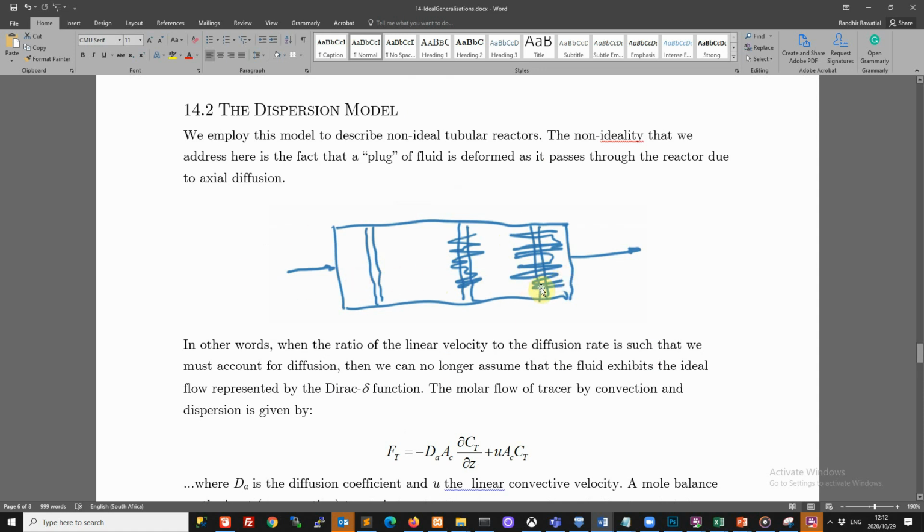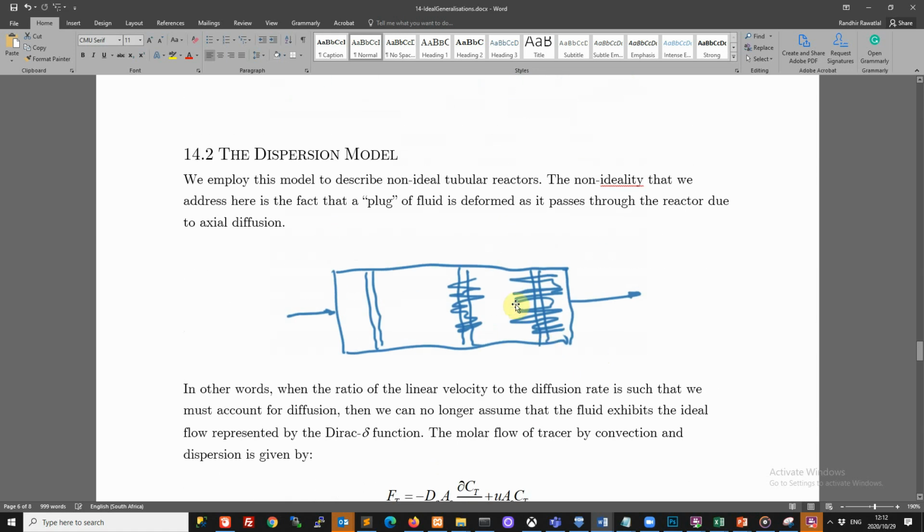So in a similar way to the CSTR being generalized so that we can accommodate even plug flow, we can start from plug flow behavior and, through a single parameter like the Peclet number, or like n in the case of the CSTR, transition from being plug flow-like to being CSTR-like. Right, so this is the first clue that we can model the non-ideal reactor types through these adjustable parameters.